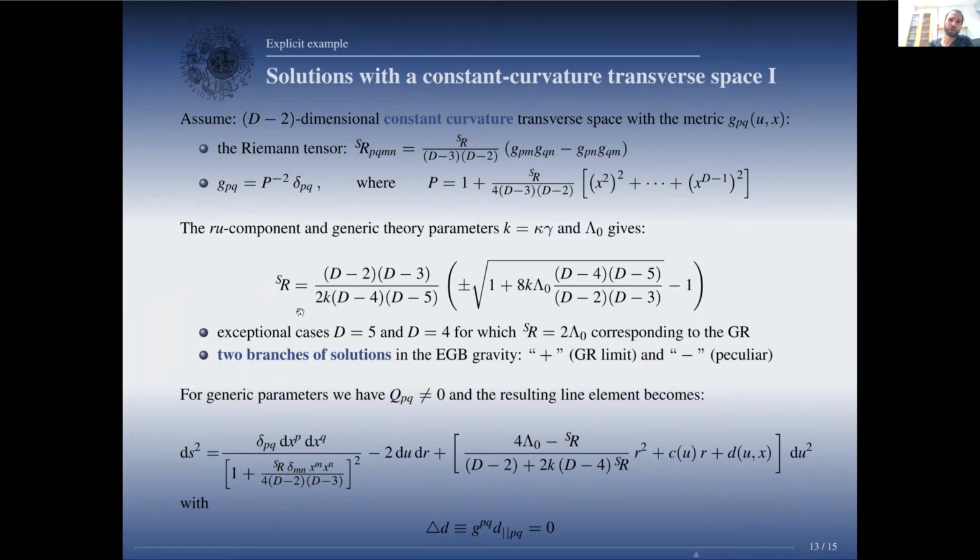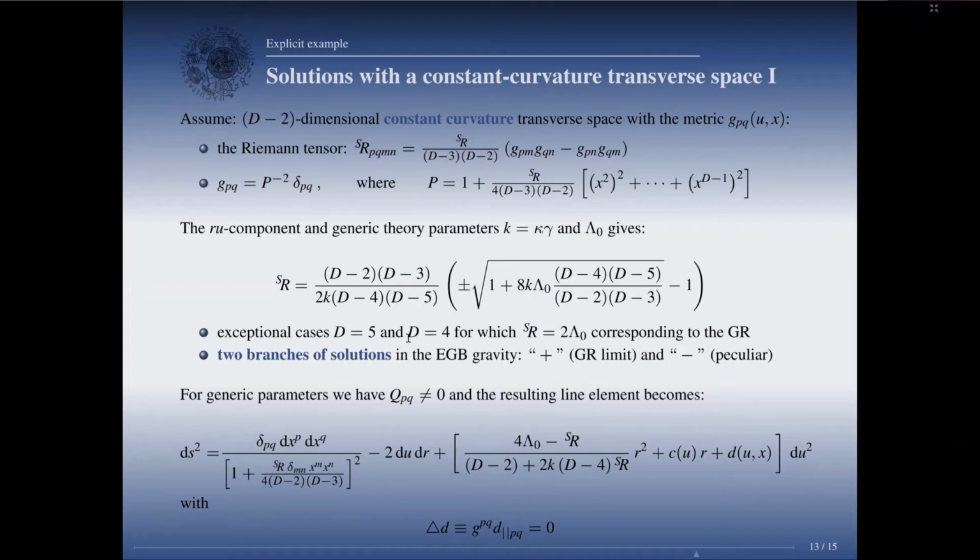It's not clear from this expression, because you obtain a quadratic equation which you have to solve to obtain exactly this expression for scalar curvature. And also you have to divide by 0. On the level of this equation, you have to separate d = 5 and d = 4.